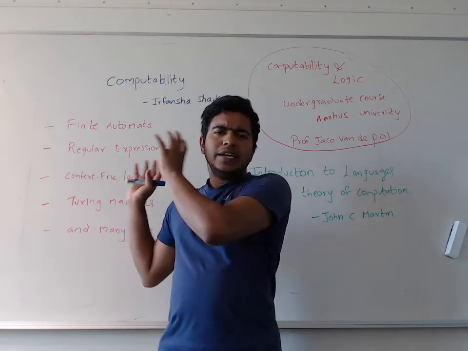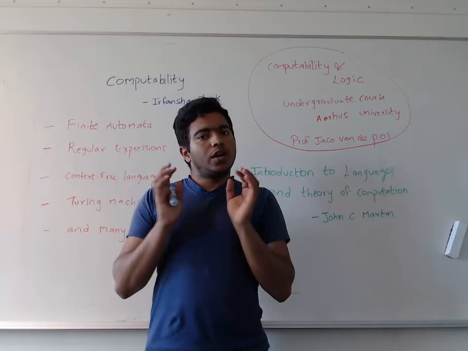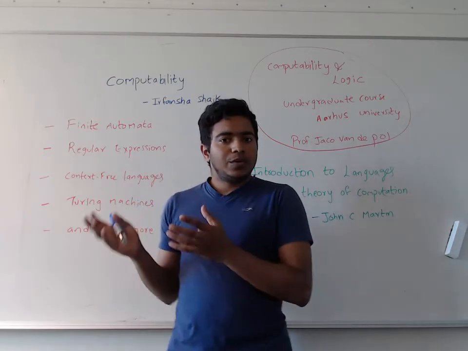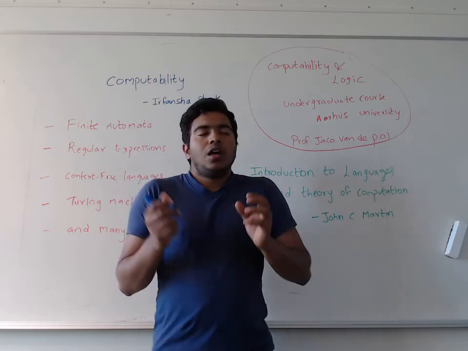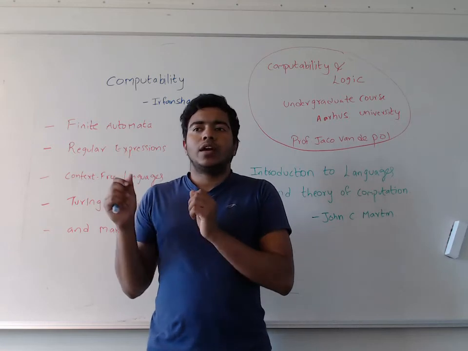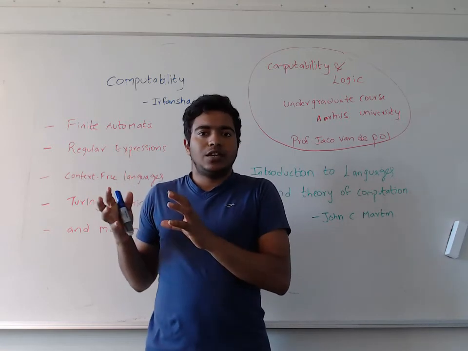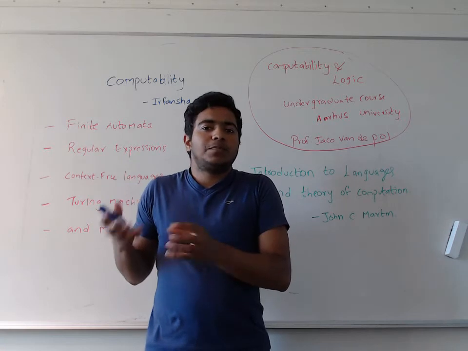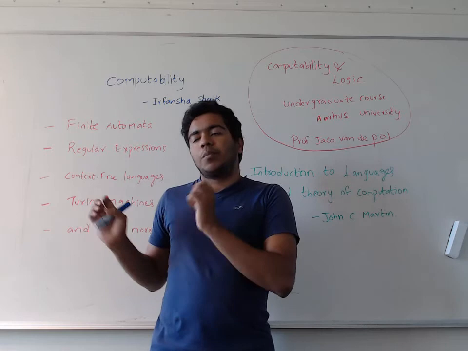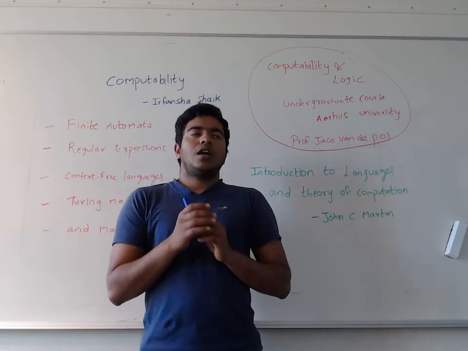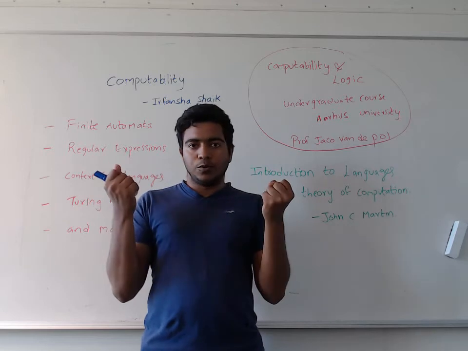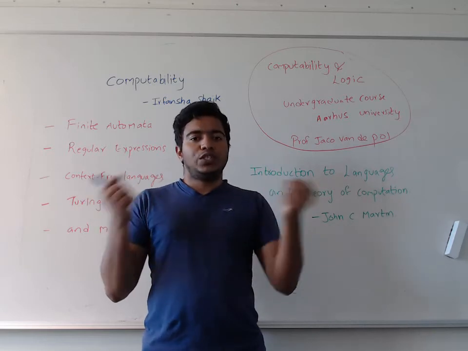Computability is a branch where you look at mathematical models, such as languages, Turing machines, etc. You take these models, you model some problems, and you analyze how much time and how much space the problem would take. That is the core idea of computability. If there are two problems, problem 1 and problem 2, you want to know which one is relatively harder.